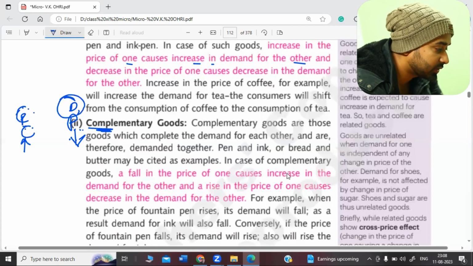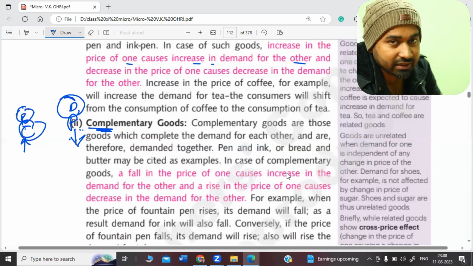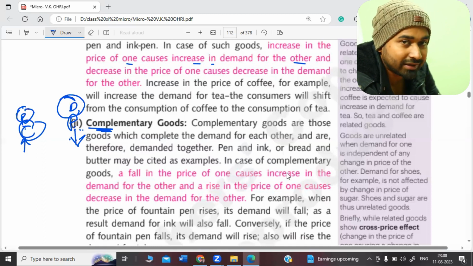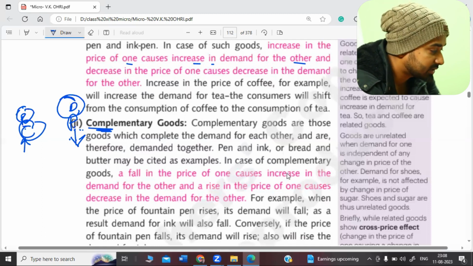Substitute and complementary are the price of related goods, so one price, another demand we are checking. This is nothing but negative relation.